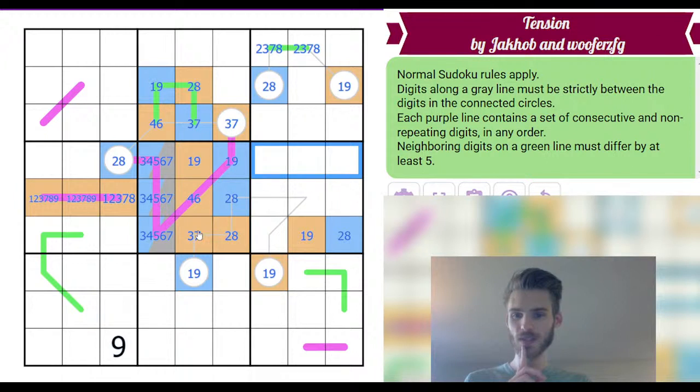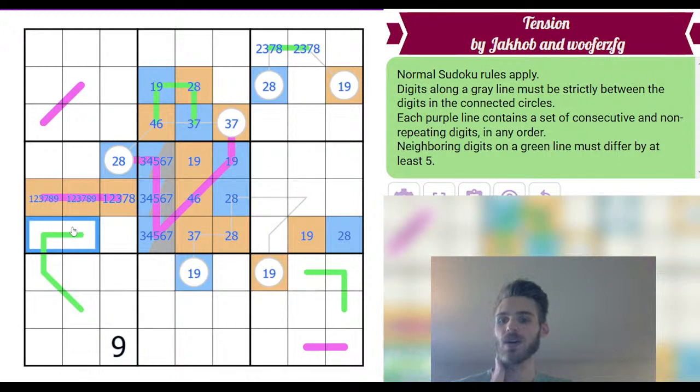Oh, these 2 digits are in here, so those 2 digits are up here. Oh, wait a second. The last 4, 6 is down here. And it could be there. No, it can't be there.